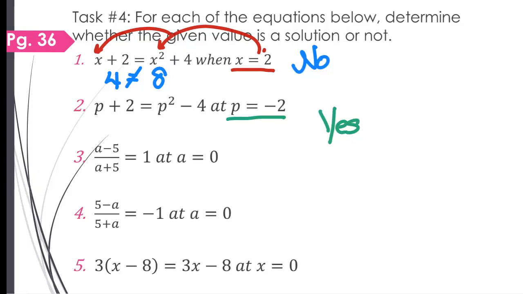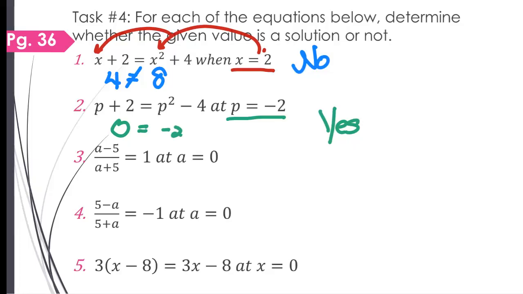What is negative 2 plus 2? 0. Is that equal to, what is p squared? Positive 4, negative 4? Class, positive 4, negative 4? It should be positive 4.